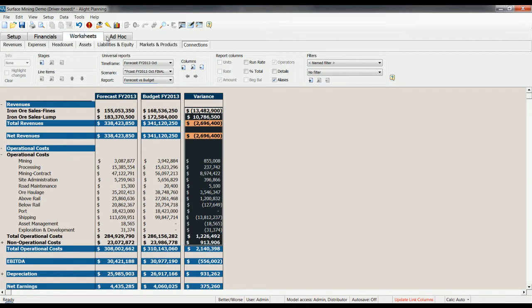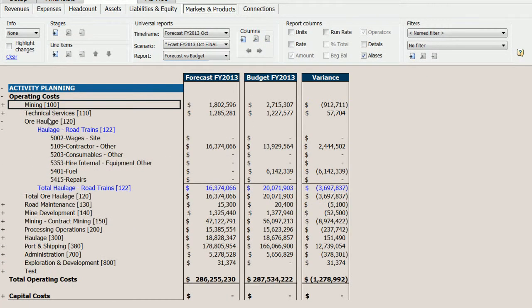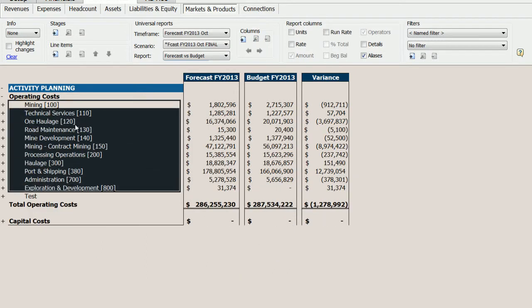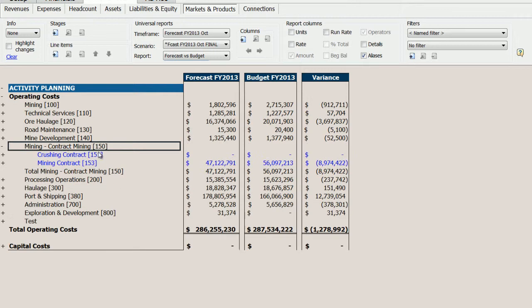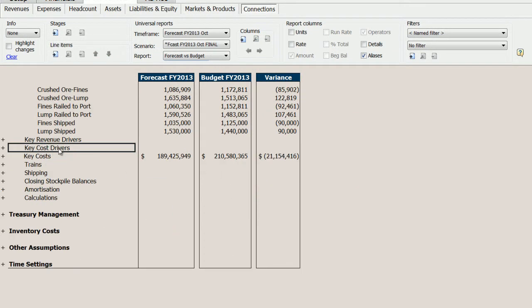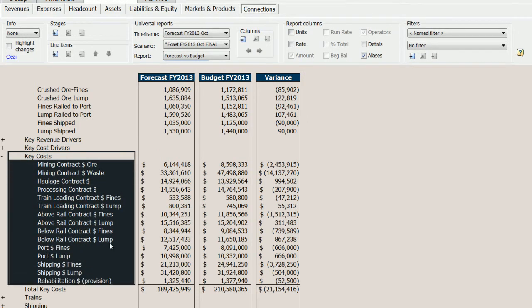I can even go off and look at more detail, see my variance by the various activities or high-level departments, drill down into those high-level departments, see what's driving the actual variances, or even go to my operational assumptions. Look at my key cost drivers, for example, and my key costs, and see what's driving the changes in these.